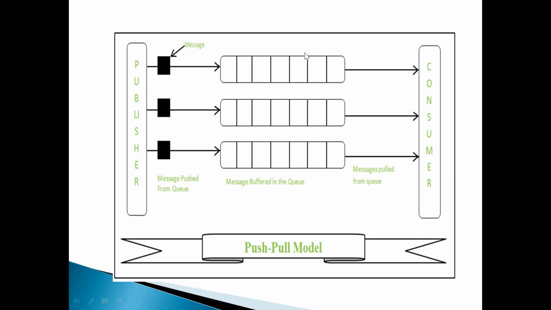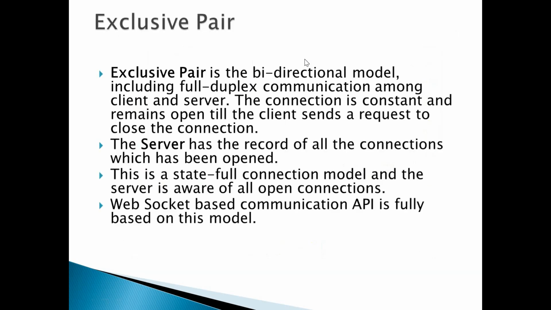After that, the consumers on the opposite side pull the information from the queue. The queue in the middle is responsible for the message handling. So the publisher publishes the message in the queue, and consumers can retrieve or pull the information from that queue.